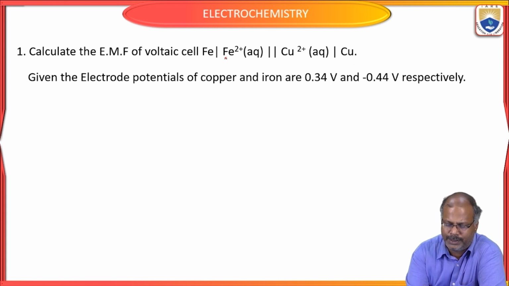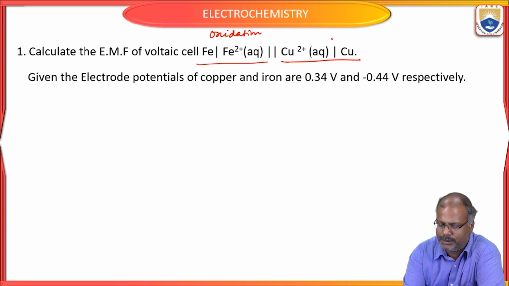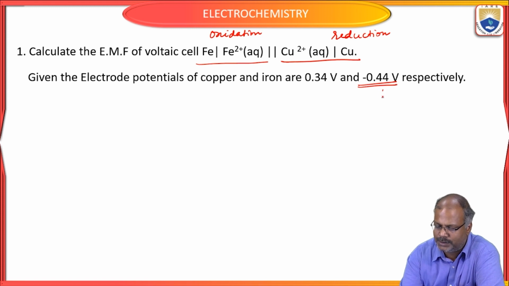Here, iron is clearly oxidation and this is reduction. We have seen the representation. This is the salt bridge. Now, iron undergoes oxidation.